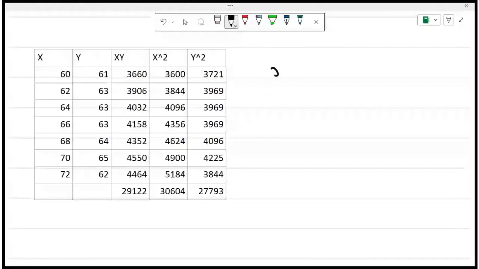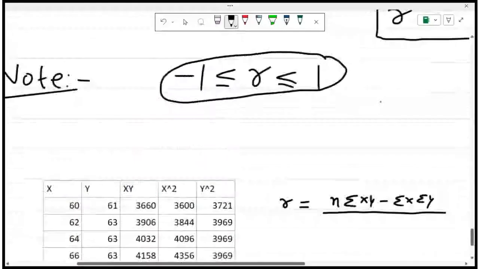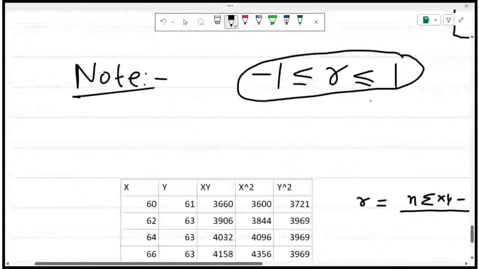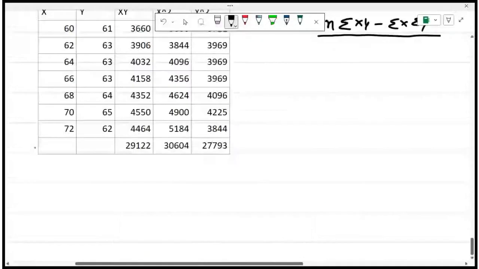So the formula is the second formula, formula number 2: n into sum of xy minus sum of x into sum of y. Sum of x I have not calculated here, but we calculated it in the previous table, so I am just writing 462 and 441 directly.